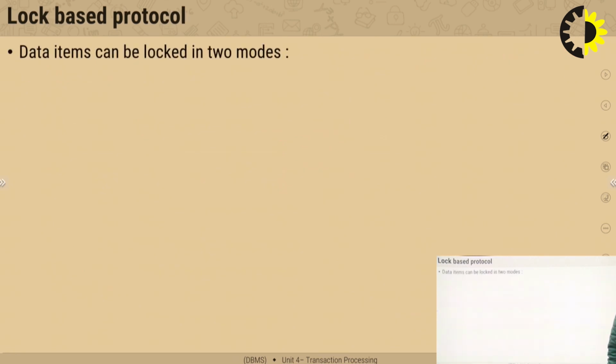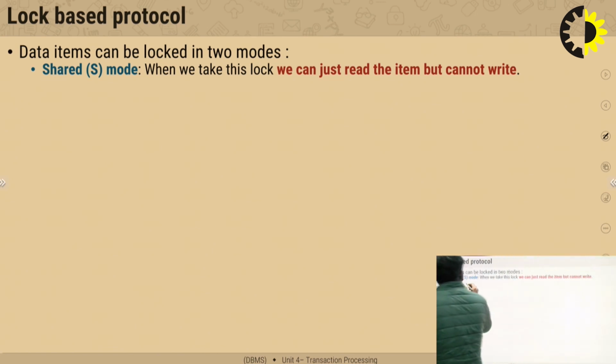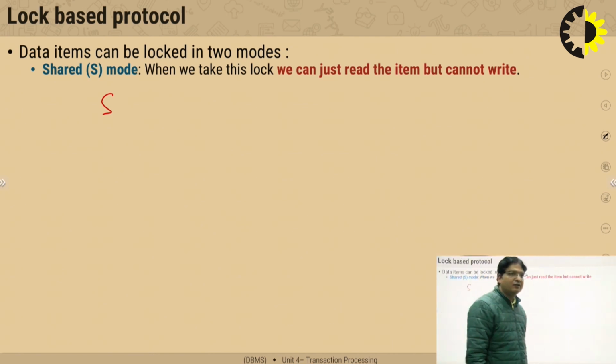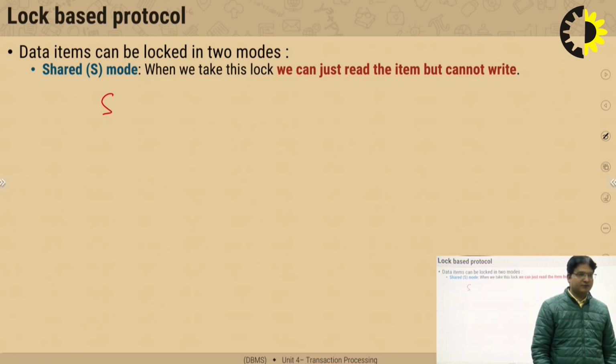Now, in locking protocol, a data item can be locked in 2 particular modes. First is shared mode, that is denoted by the letter S. Here we can just read the data item, but we cannot write it.